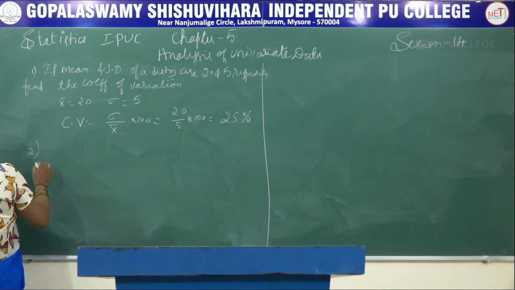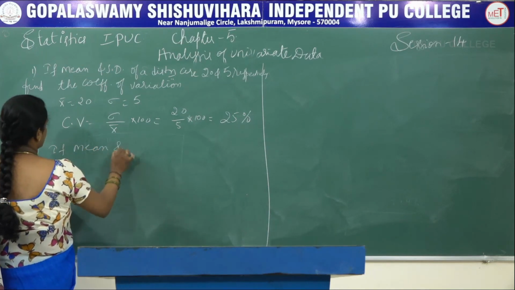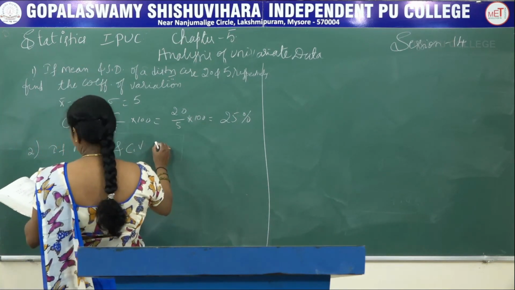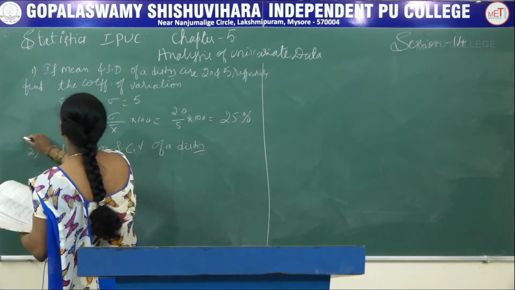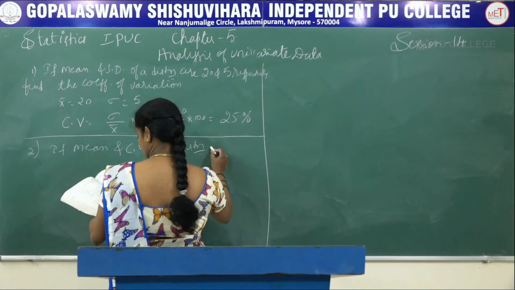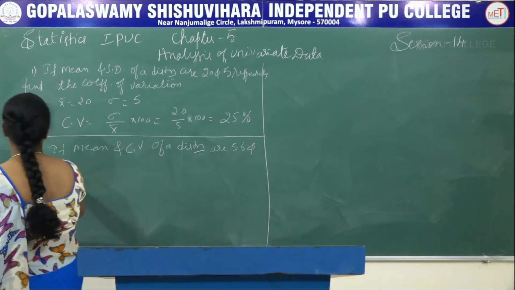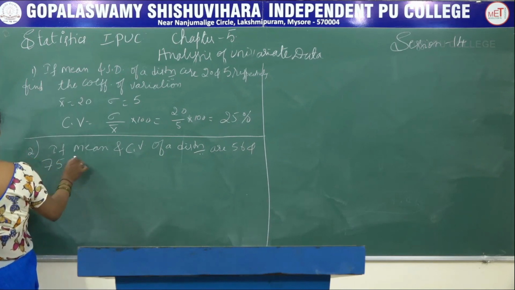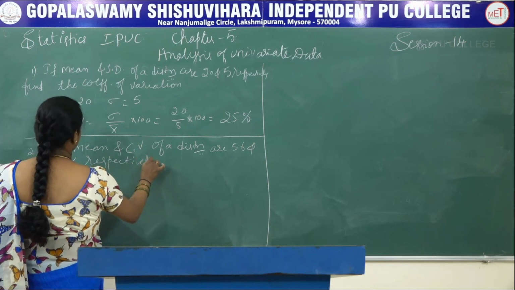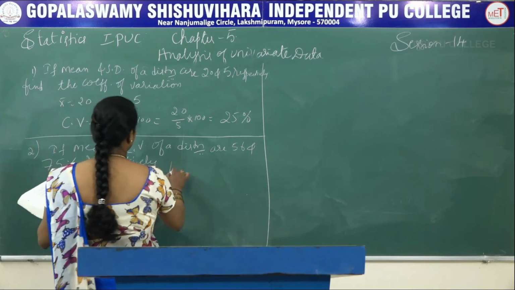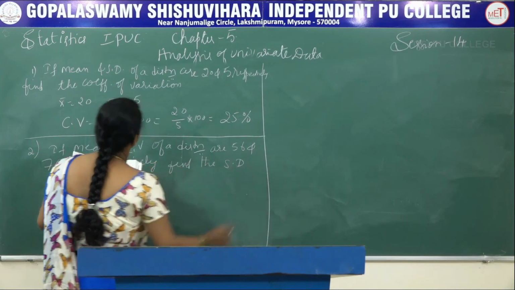Next problem. If mean and CV of a distribution are 56 and 75% respectively, find the standard deviation.